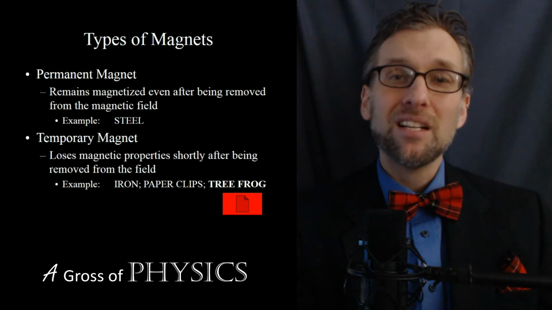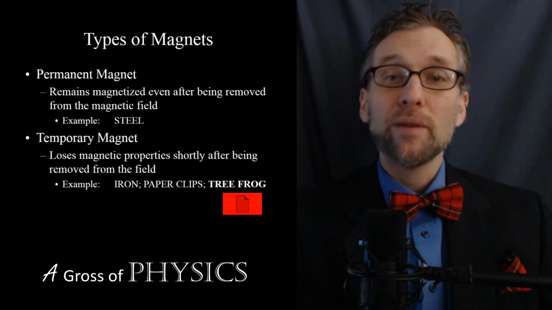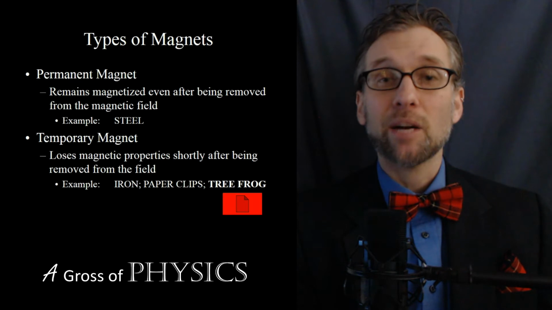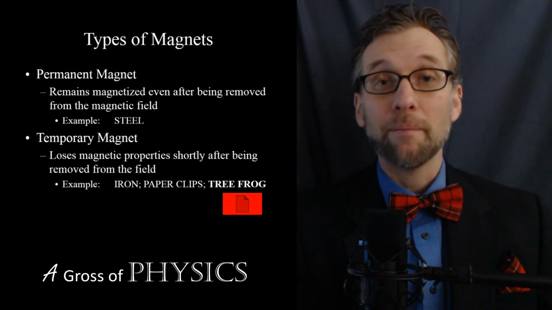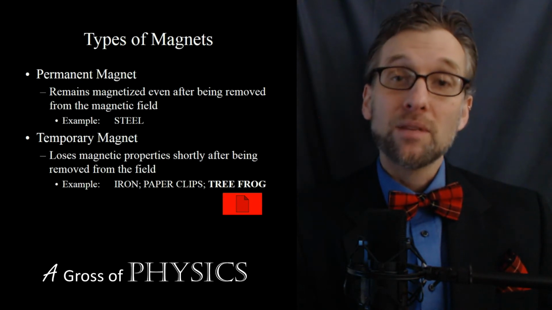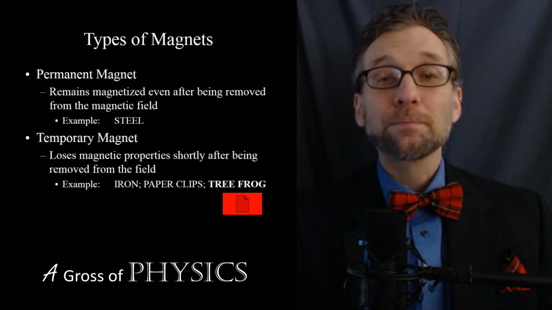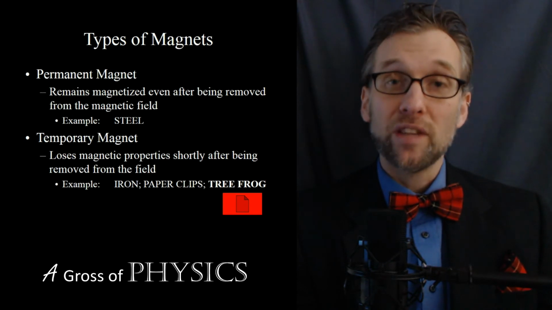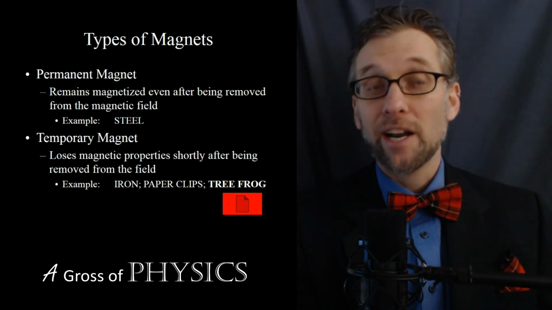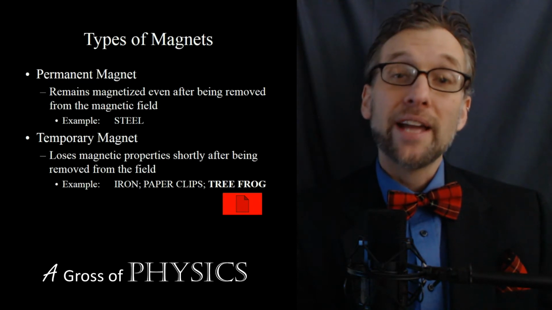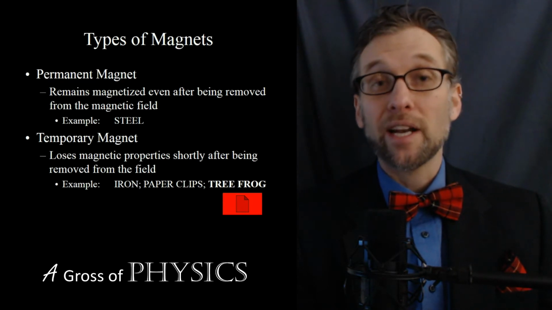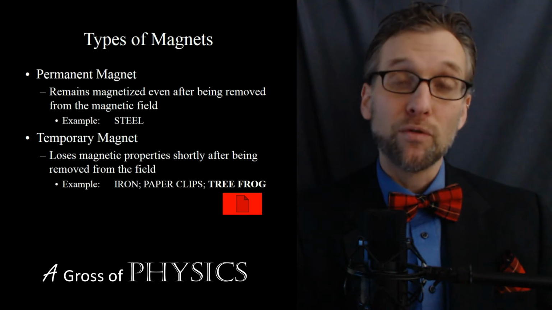Typically steel is a pretty good permanent magnet. It maintains its magnetic properties over long periods of time. I have a few steel magnets in my lab that, although they have been weakened over the years, still maintain their magnetic properties. On the other hand, temporary magnets lose their magnetic properties quickly after being removed from the field.